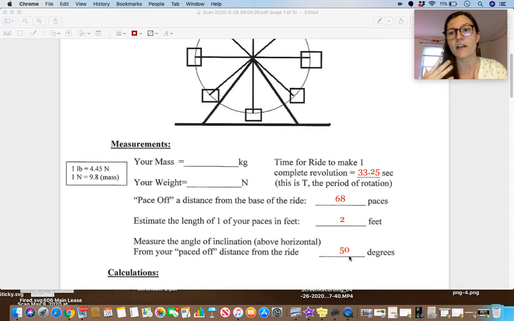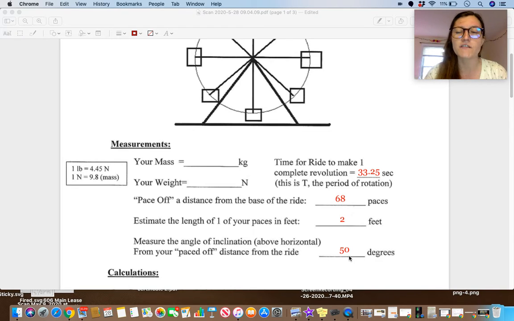So what angle must you tilt the protractor at in order to see the top of the object within your perspective? Once you determine that angle, you'd pace out using your feet how far away you're located. And this is obviously an estimate. There's a fence around the ride, so we'd have to estimate, and we do our best there.